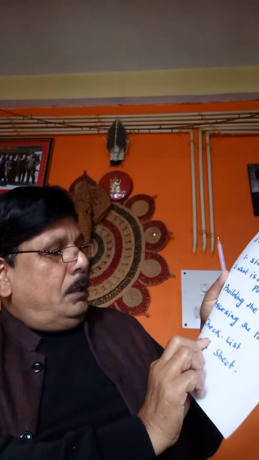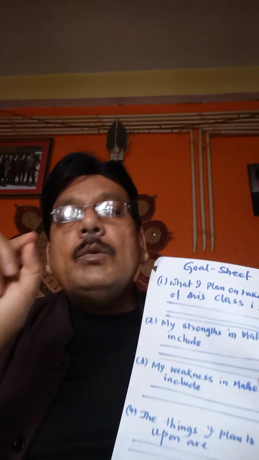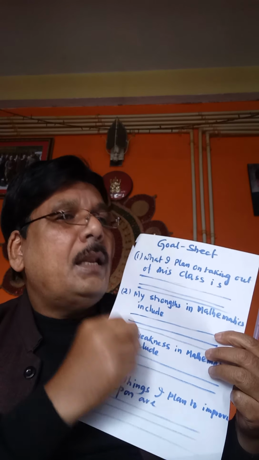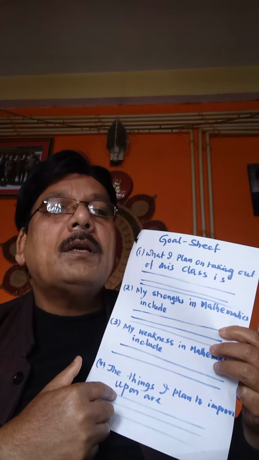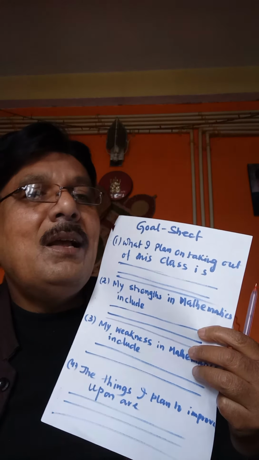Next point is the goal sheet. One sheet like this should be given to your children to provide an outline for organizing their thoughts on their goals.